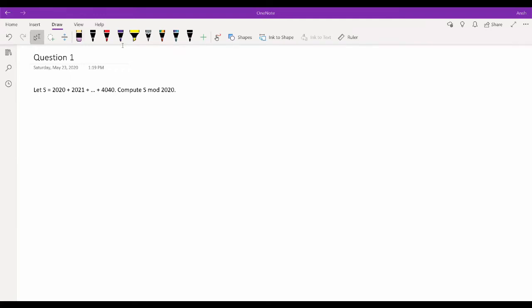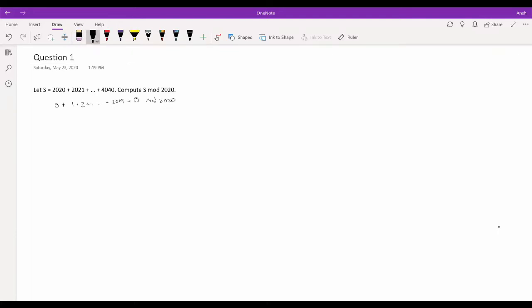That's so much easier, right? So this would just become 0 plus 1 plus 2 all the way to 2019. And then finally, 4040 would just be 2020 mod 2020, which is also 0 mod 2020. So now we have a much more manageable sum, the sum from 1 through 2019.